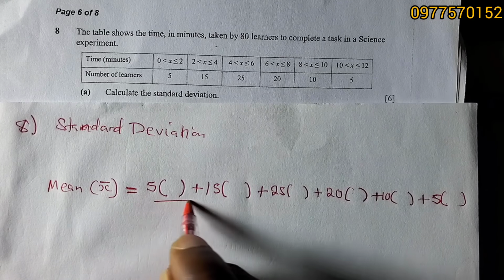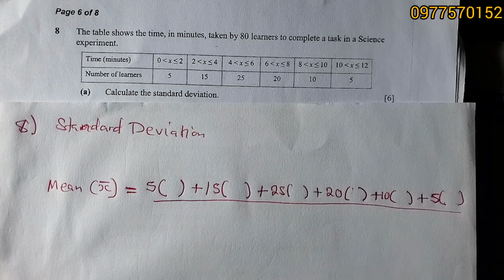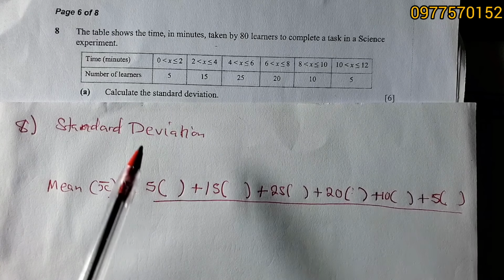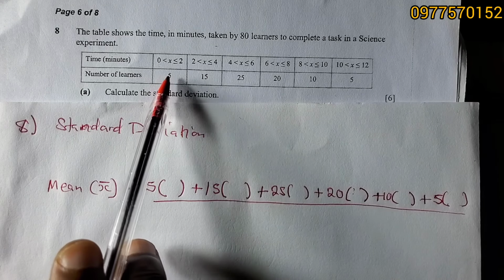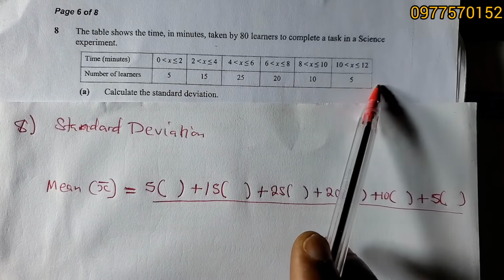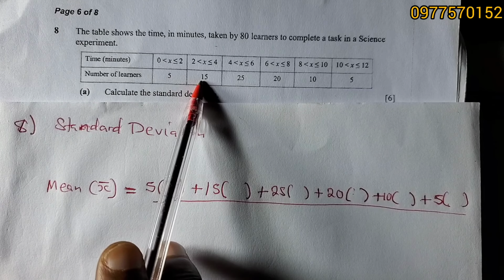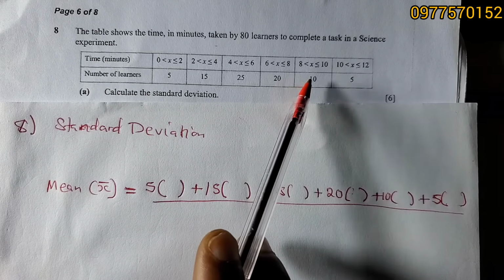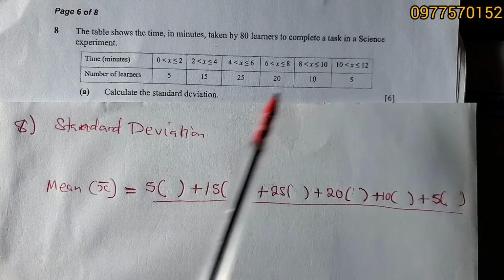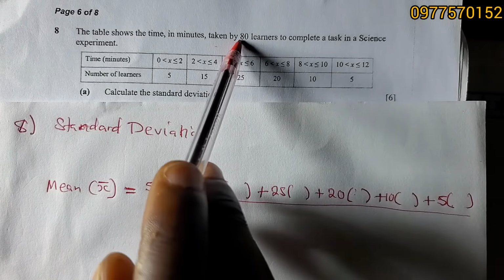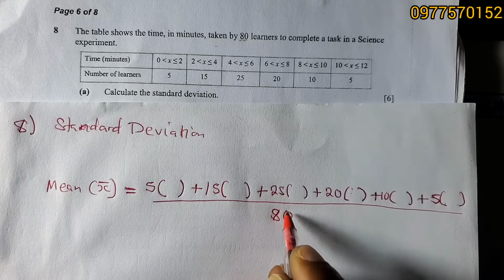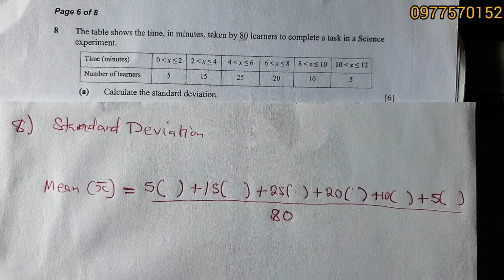The whole of this divided by the total frequency. How do you find the total frequency? You add these frequencies: 5 plus 15, 20, plus 25, 45, plus 20, 65, 75, 80. Most of the time you are given in the question that there are 80 learners. So the total number here is 80, which is the total frequency.